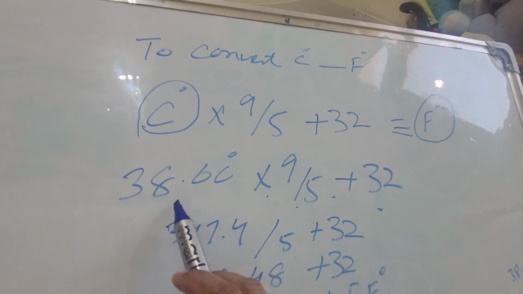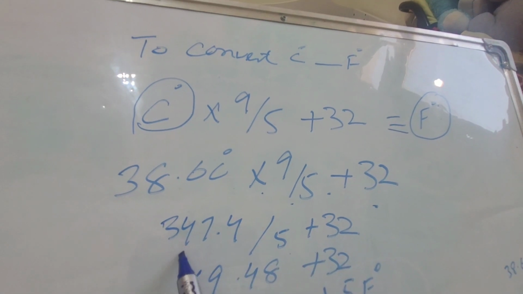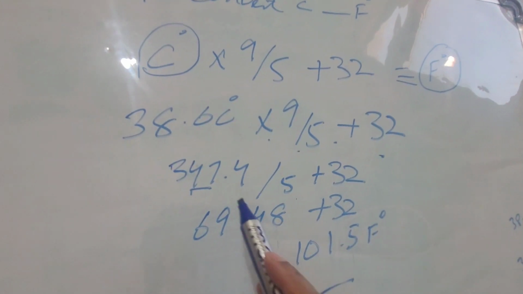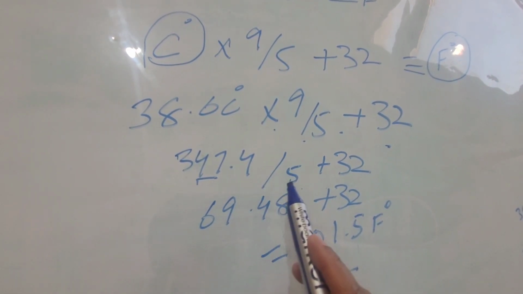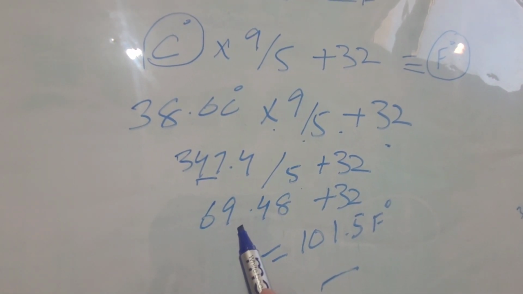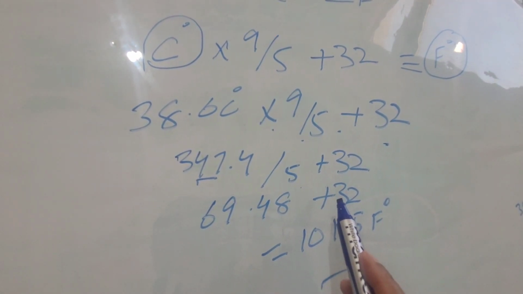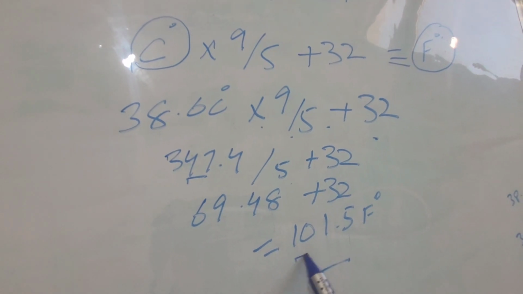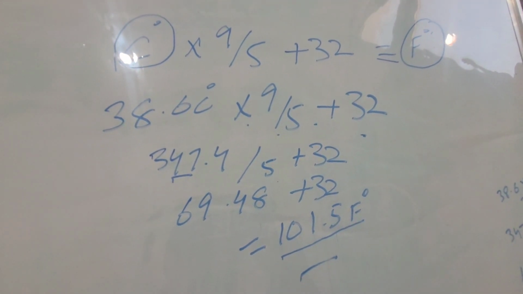Once you multiply 38.6 by 9, this reading will come, then divided by 5 plus 32. So next step is we will divide 347.4 divided by 5. The answer will come 69.48. Then plus 32. The last step, we will add this one. The answer will come here 101.5 Fahrenheit degree.